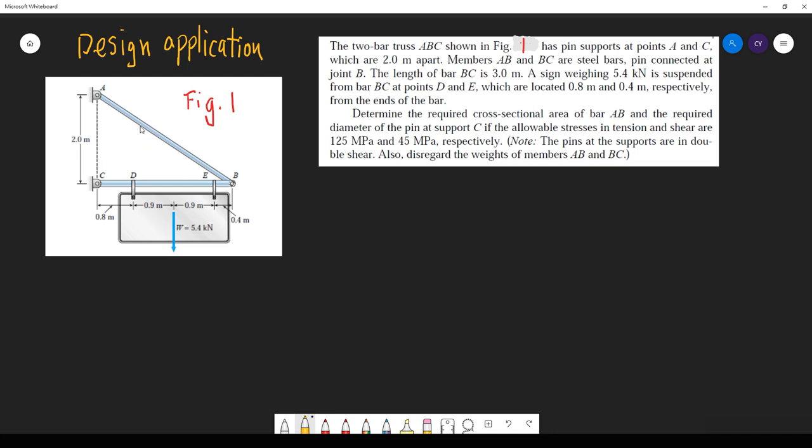what you can see, and we will determine the required cross section here. You know, if the cross section is too small, it will break. I mean, you need a guarantee. That means, sorry.